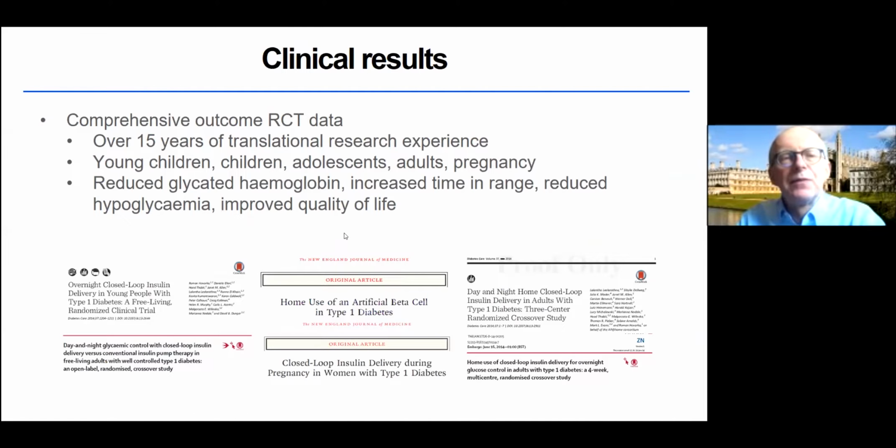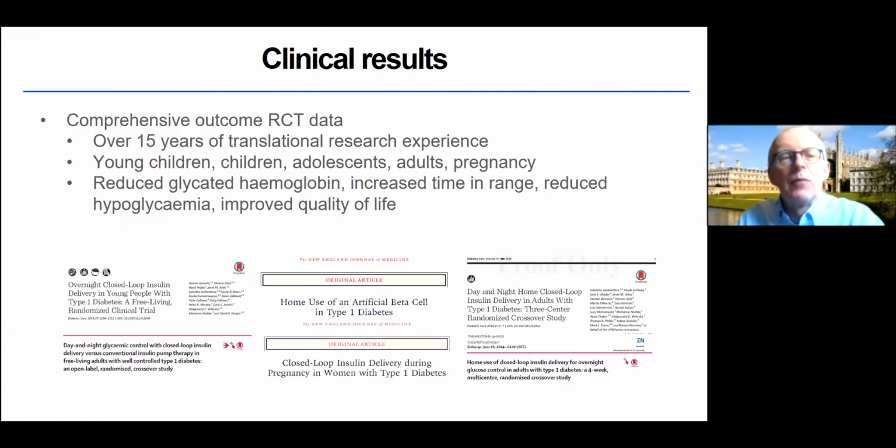We have comprehensive outcome data from randomized clinical and translational research. Our studies started initially in hospital under controlled conditions, testing exercise and large meals. We then went into outpatient clinics, and we enrolled very young children, adolescents, adults, and pregnancy, and we have safety and efficacy data for these populations.